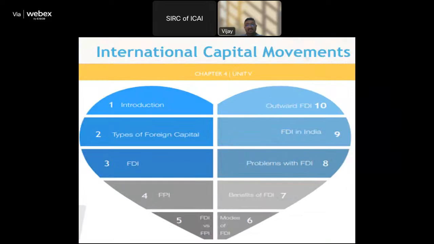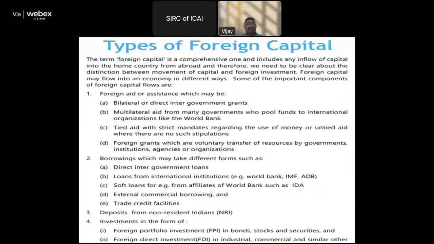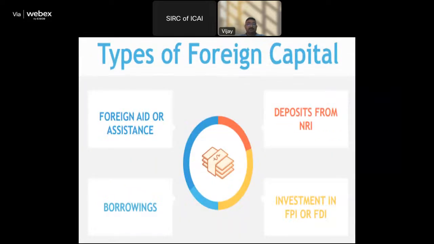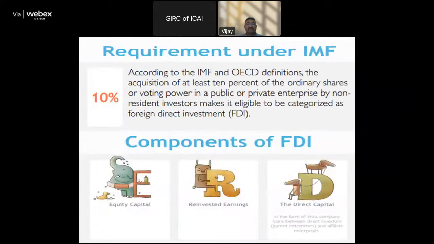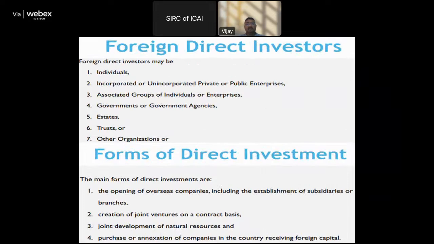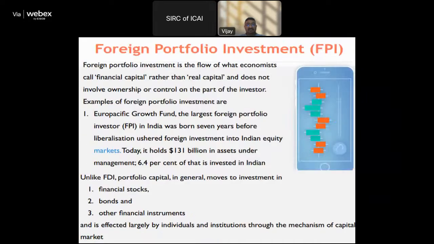Then international capital movement. Again, this is a theory area, where there are different types of foreign capital, and the difference between foreign direct investment and foreign portfolio investment.